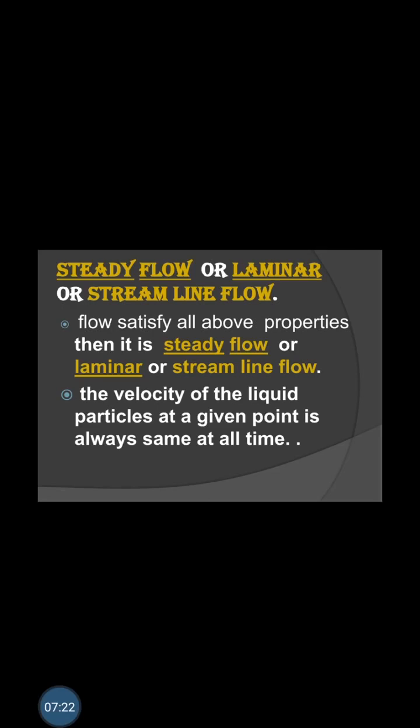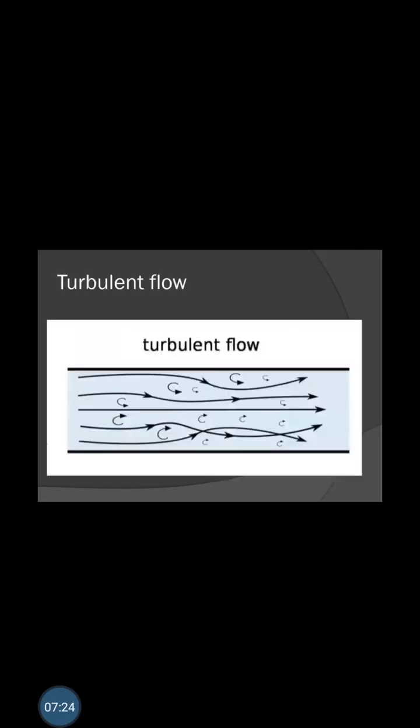Now see turbulent flow. This flow is called a turbulent flow. This is also an example of turbulent flow. In this flow, the molecules of water flow randomly in different directions with different velocities.